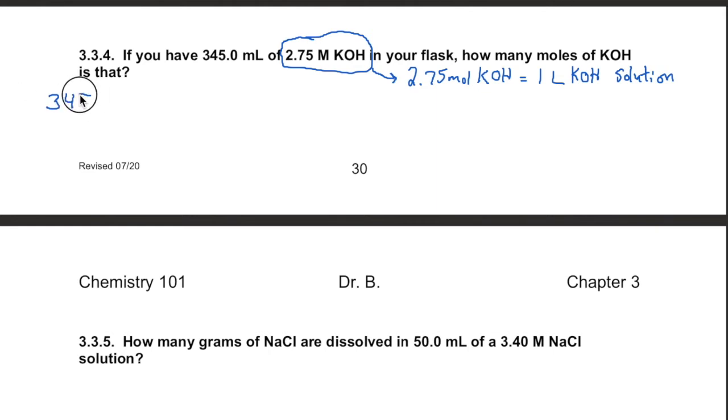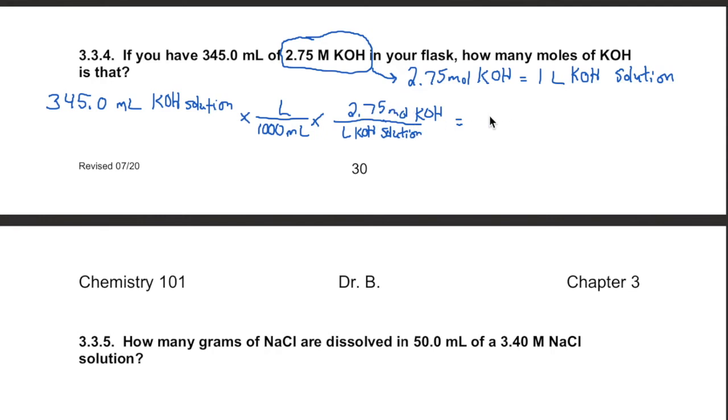We don't have a liter of the solution, we have 345.0 milliliters. So in order to be able to use this molarity as a conversion, we should first get this in liters. Now at this point we have liters of potassium hydroxide. Then we can convert this to moles of potassium hydroxide and we get 0.949 moles of potassium hydroxide that is dissolved in there.